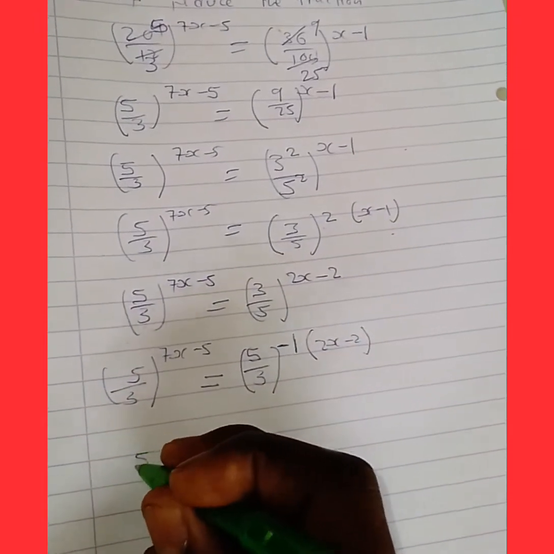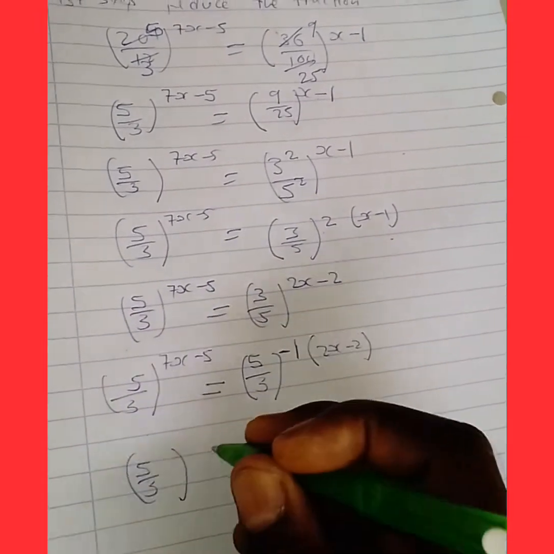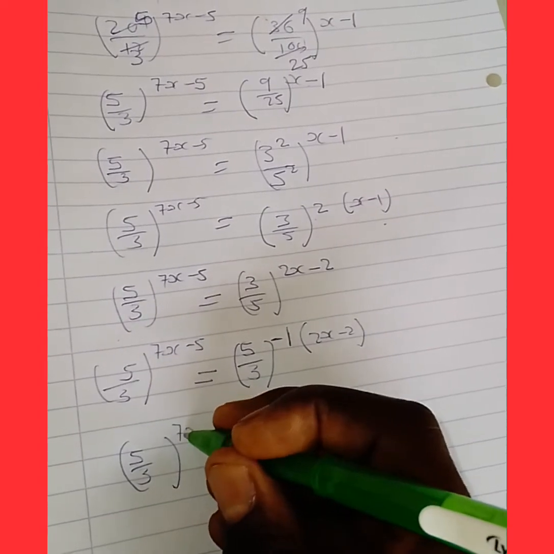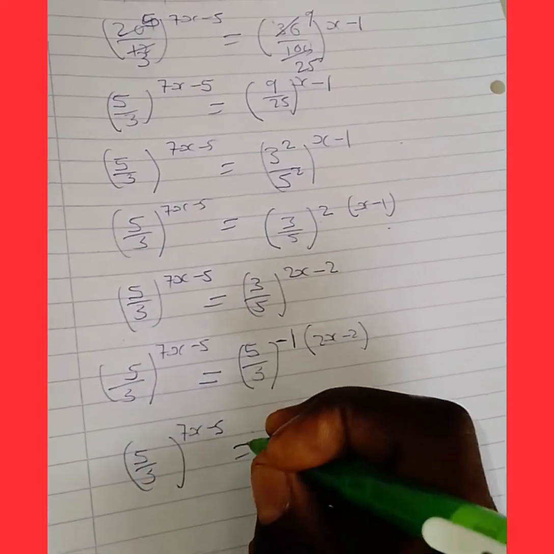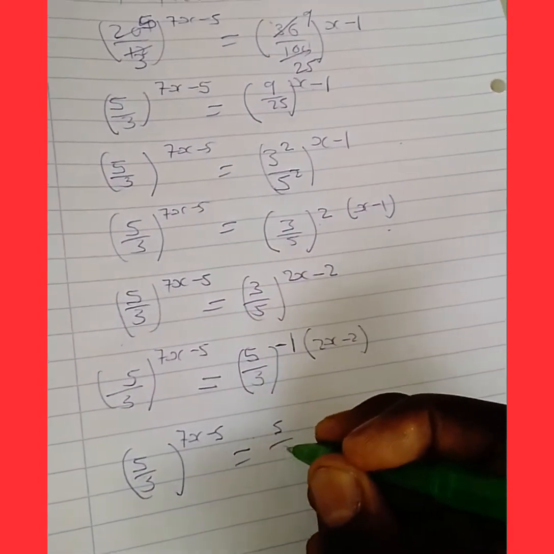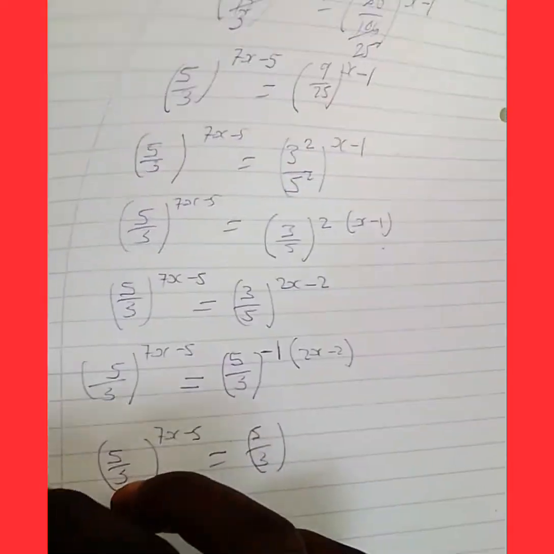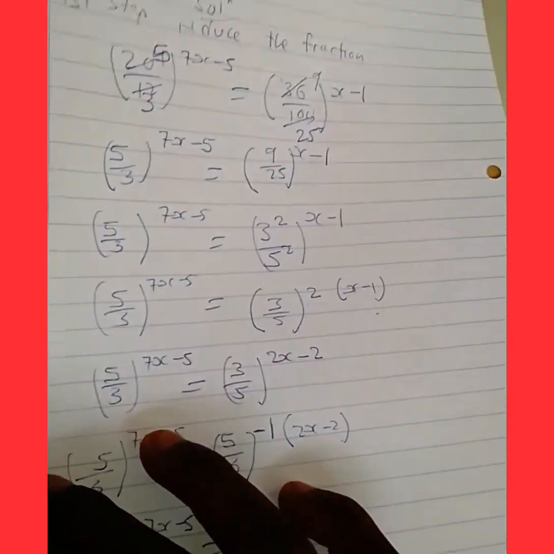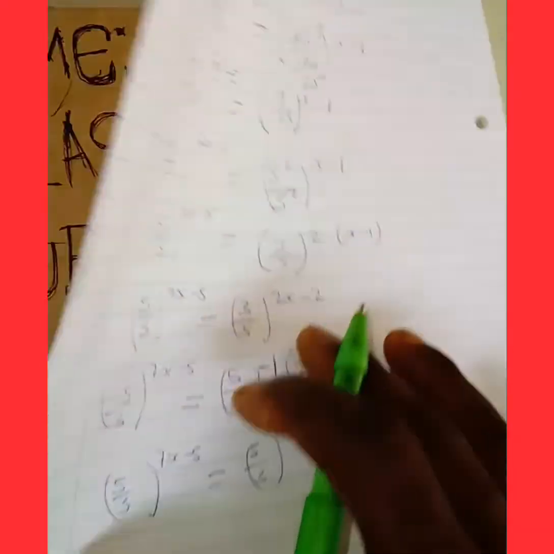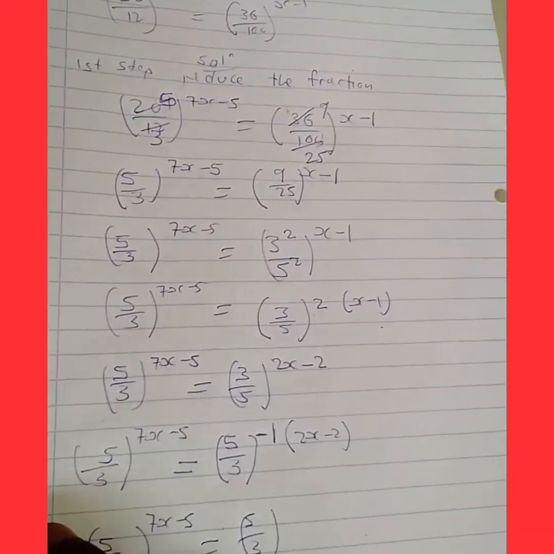I'll still bring down my (5/3)^(7x-5) equals (5/3) to the power, now I multiply minus 1 times 2x. Sorry, it is the whole exponent.